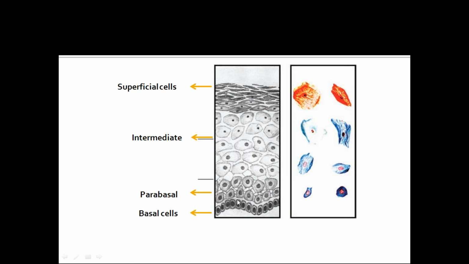When you see parabasal and basal cells, I tell you low estrogen is responsible. When a vast number of parabasal cells are seen, that also implies that there is some infection and continuous shedding of the parabasal cells. That means there is infection.